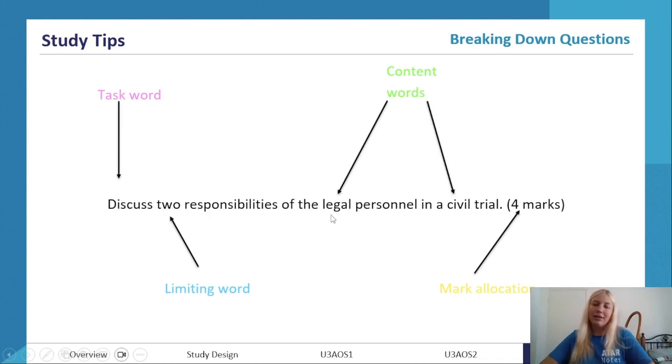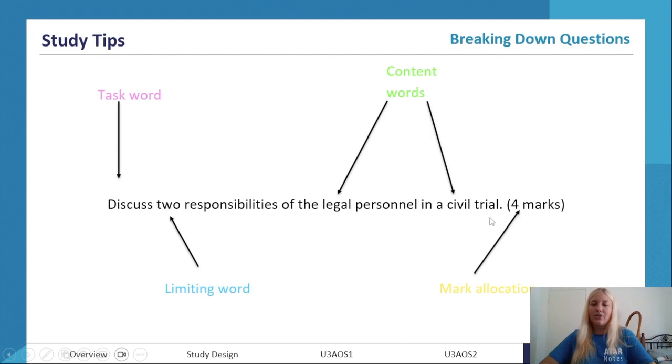And it asks about legal personnel. The content word takes us to the part in the study design where it says you need to know the key responsibilities of all personnel in a trial, and civil in particular. When we say legal personnel, we're talking about the lawyers specifically, okay? And we need to choose two responsibilities.